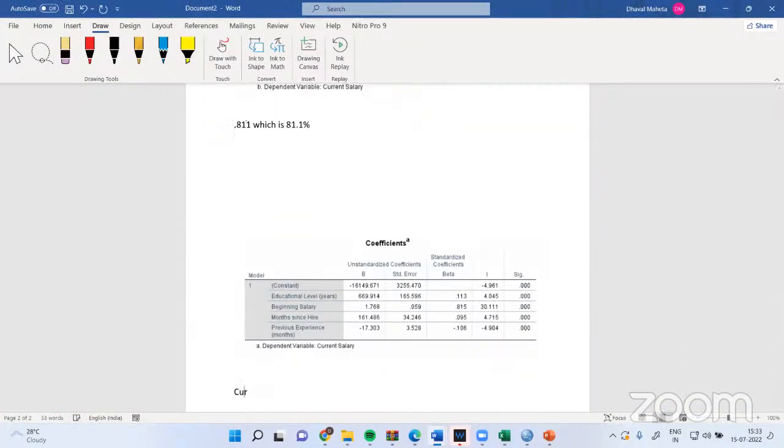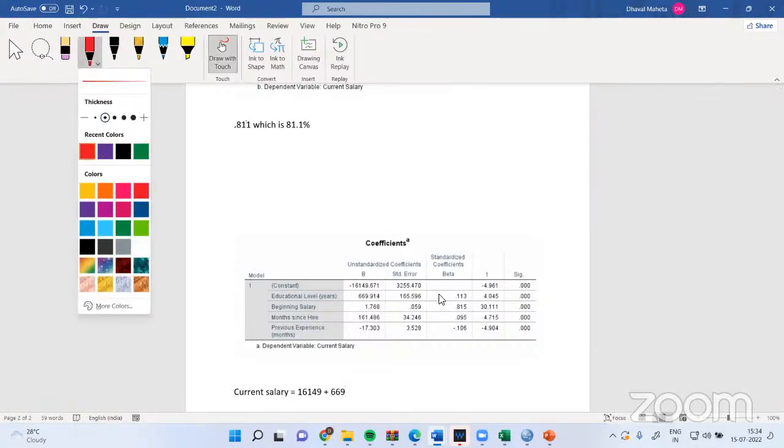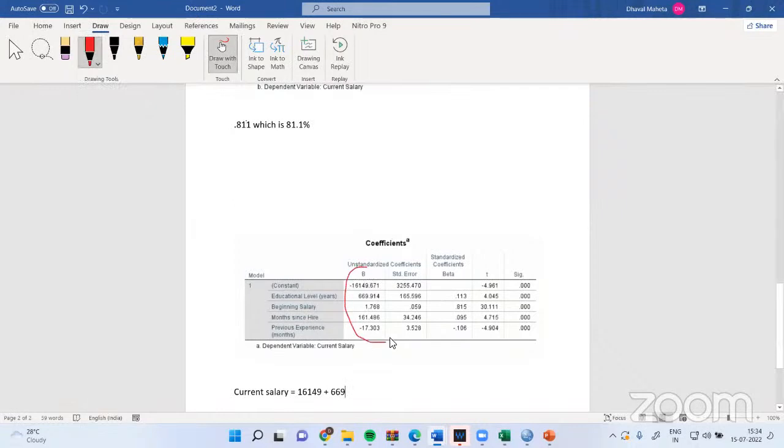So my current salary is equal to the constant minus 16149, plus 669. You have to see these values, the unstandardized coefficients, and you have to multiply these values like this.